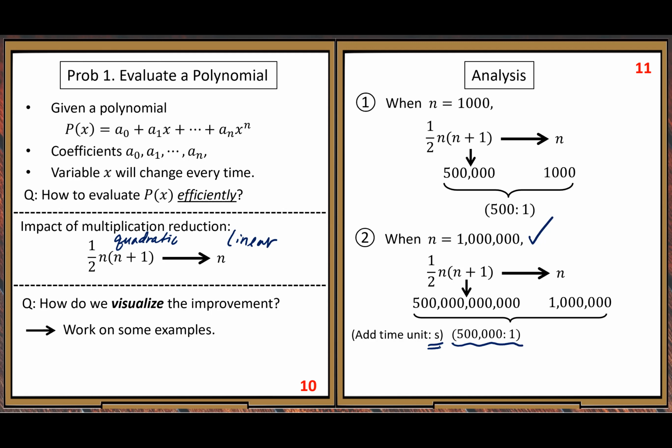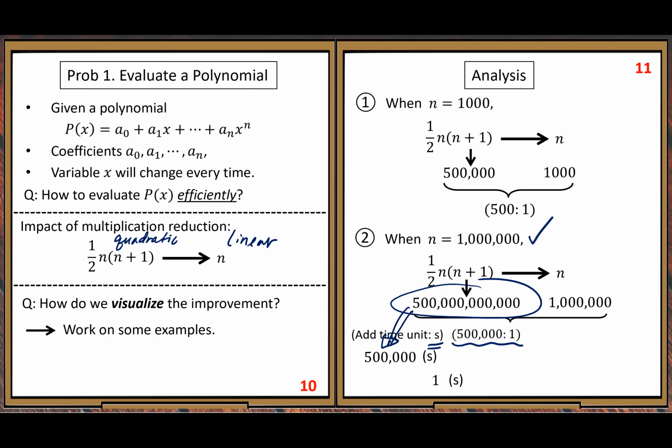This time we need 100 billion multiplications, but we know the computer can do multiplications extremely fast, right? So 100 billion multiplications, the computer can do much faster.